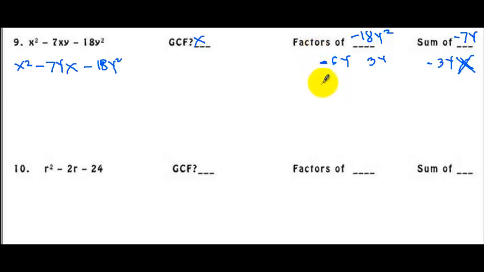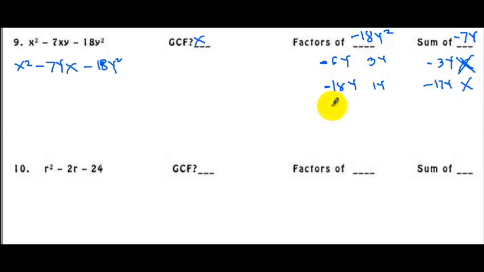We can have 18y and 1y. Now 1 should be negative. Now remember, again, the middle term is negative, so the higher absolute value here should be the one that is negative. Okay, negative 18y plus 1y, it will give us negative 17y. Alright, again, this is not the combination that we need.